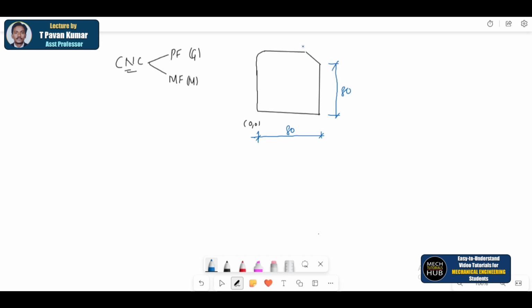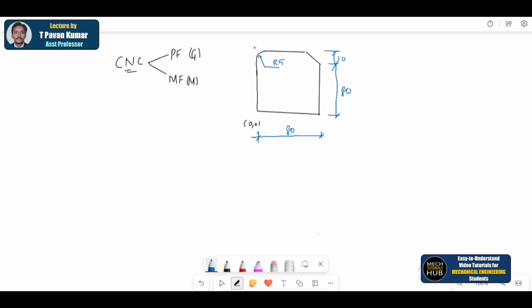If I say this is 10 by 10, let me see later. Now it is 80 by 80, so this distance, let me call this as 10 mm. Overall it is 90. Okay, so here it is R5.